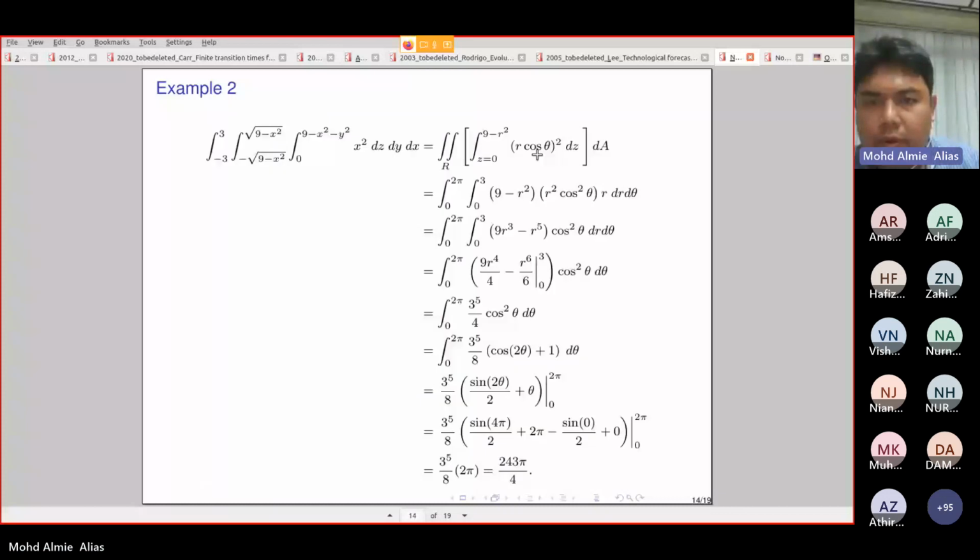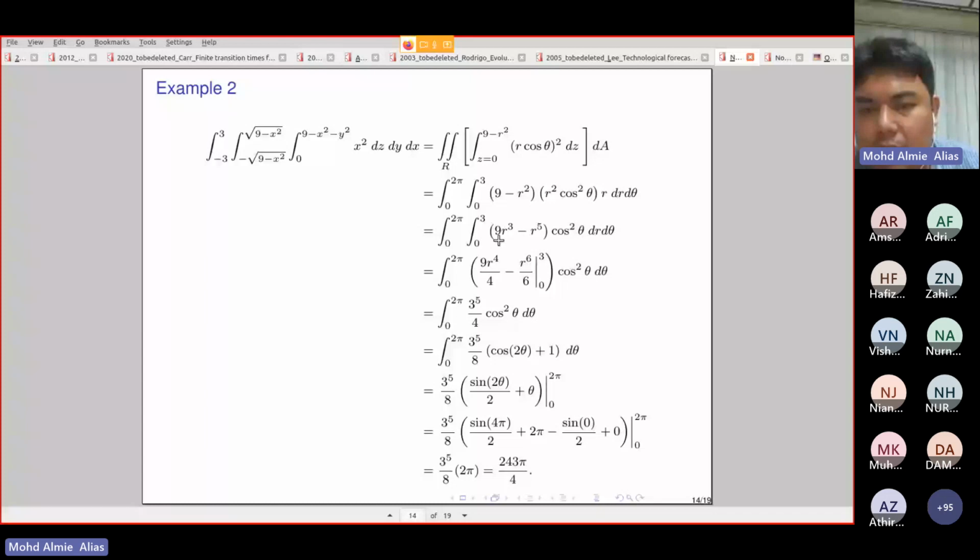You want to integrate with respect to z. There is no z here, so you assume that this is constant. So we get z, and substituting, we get 9 minus r squared minus 0. You just ignore the 0. Then we integrate with respect to r, expand this, and you get something like this.